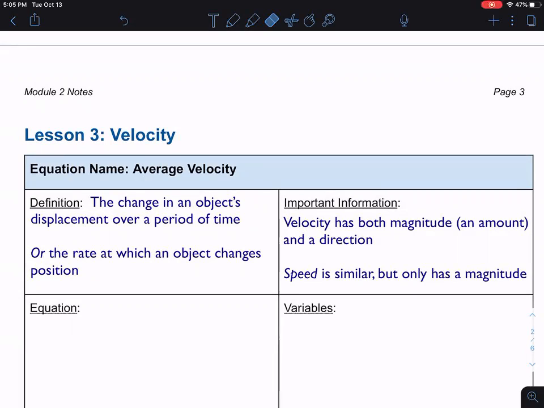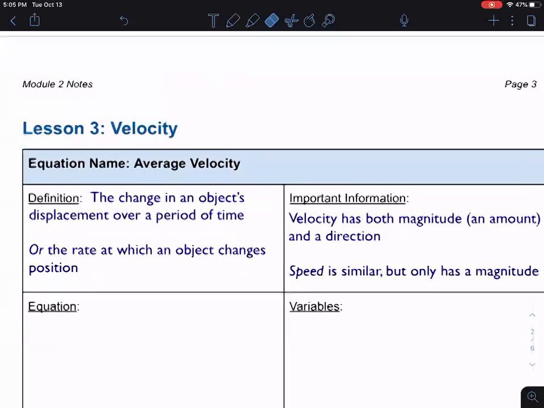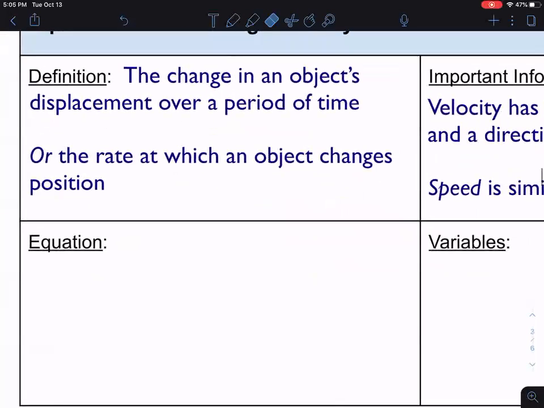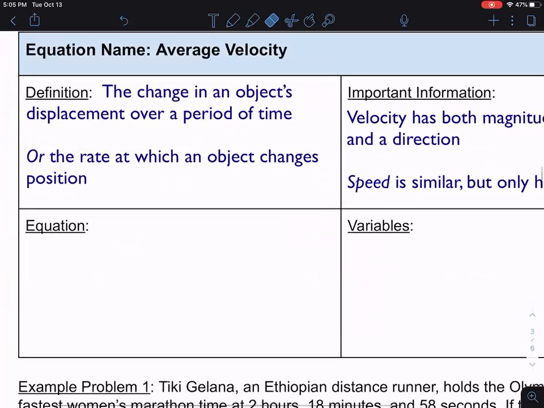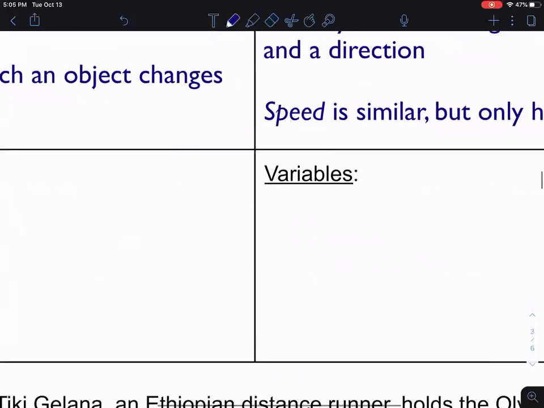Our equation for velocity follows pretty naturally from this definition. I'm going to put our variables in first. We'll have V represent velocity.